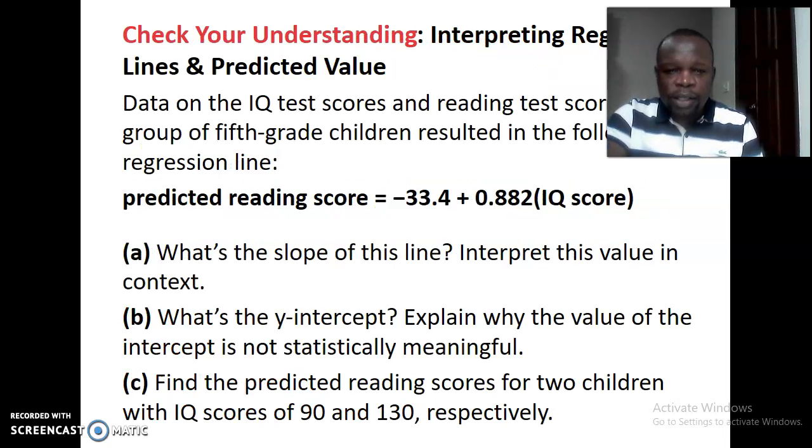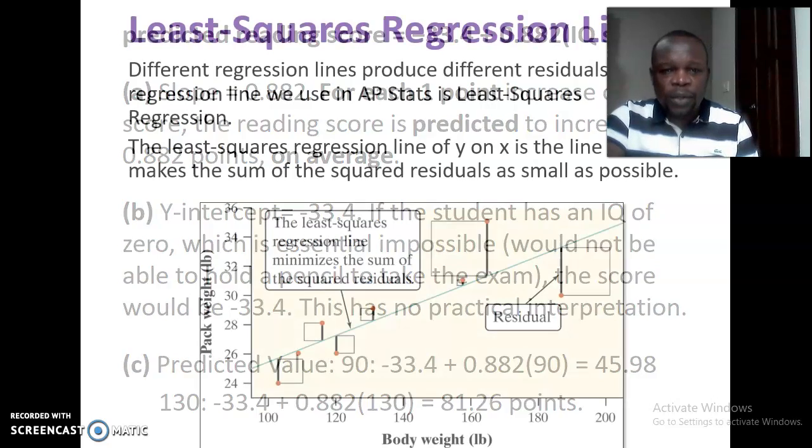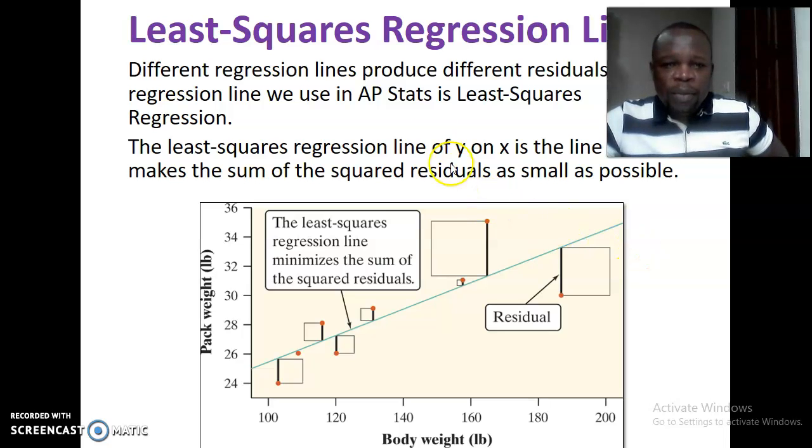You can look at those examples by pausing the video and try to see how the interpretations are done. Now in AP, we're going to be talking about the least square regression line, and the word squares, as you can tell from algebra, means you're getting squares.